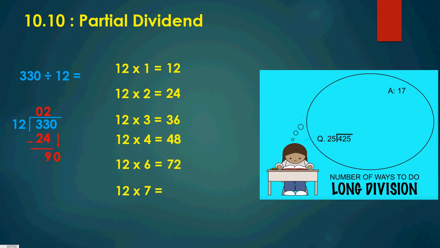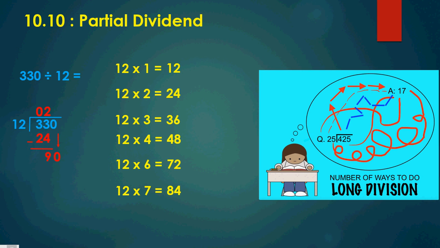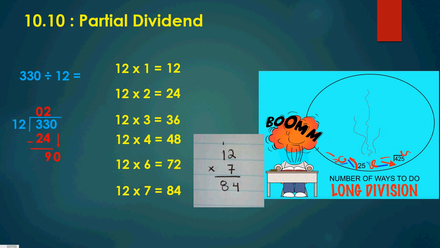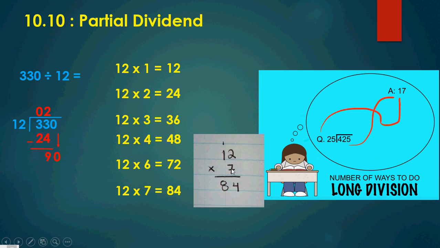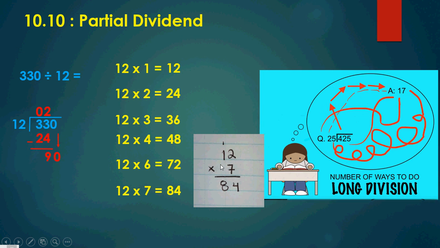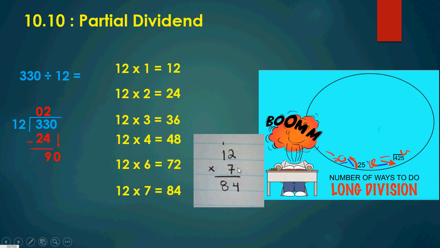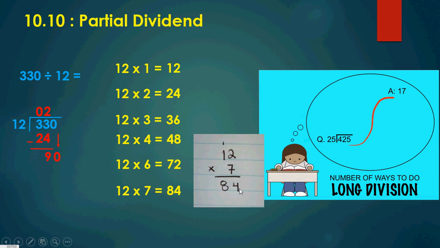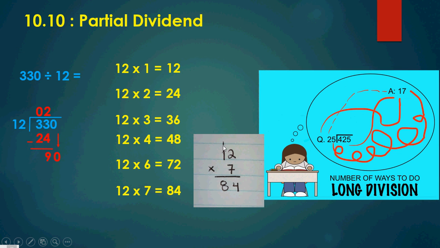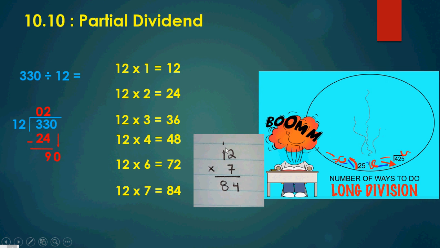Okay, I'm going now to try with 7. 12 times 7 is 84. Remember, one more time. 12 times 7, we solve it this way. 7 times 2 is 14. I put the 4 in here, the 1 on top, and 7 times 1 is 7, plus 1, 8.